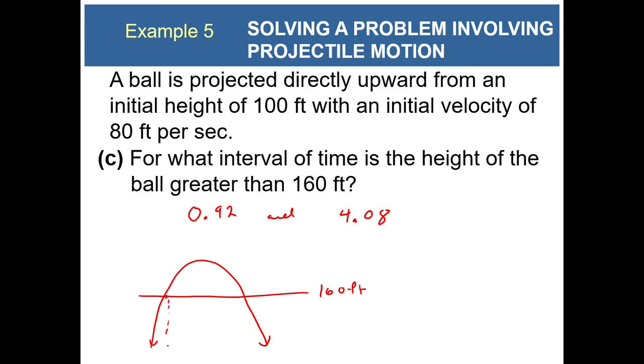The first time is 0.92 seconds and the second time is 4.08 seconds. So the interval of time for which the graph is greater than 160 feet has to be between 0.92 seconds and 4.08 seconds in interval notation.